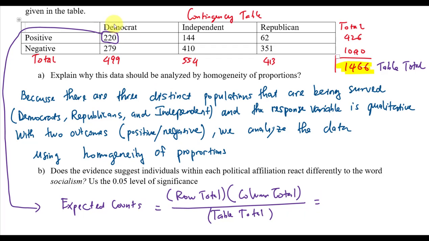For 220, the row total, going all the way to the right along this row, is 426. The column total for this cell is 499. And the table total is always this number, 1466. If you do that, you should get a value of around 145.003.